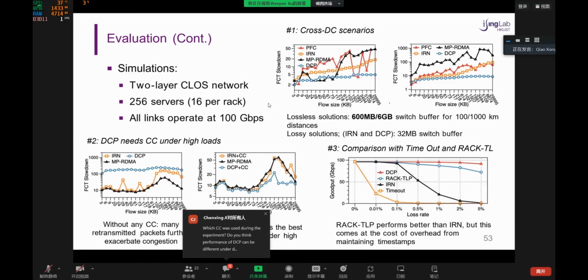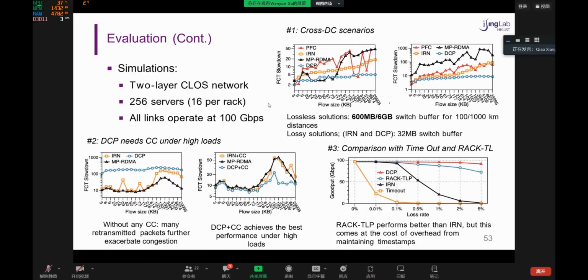But just out of curiosity, in these two figures, in particular at longer distance, multipath RDMA performs much worse. But PFC, the lossless solution, the red line, the default solution, when compared with IRN, the performance difference is close. So what's the reason for that?